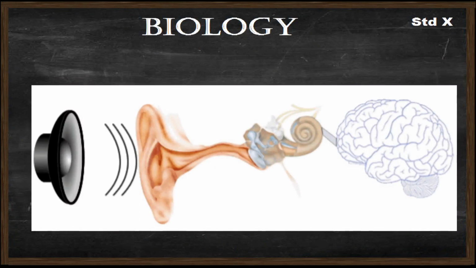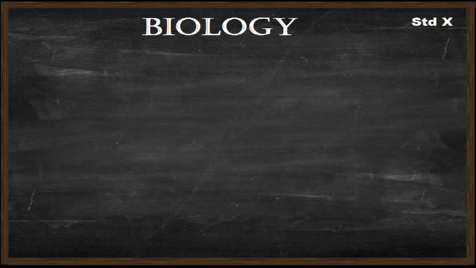As we have discussed earlier, the cochlea contains three chambers, in which the middle chamber has specialized cells in a special part called the organ of Corti. The cells in the organ of Corti get stimulated by the vibration and thereby stimulate the nerve which is connected to the cochlea. Which is that nerve? Yes, the auditory nerve. From the auditory nerve, the impulses are carried to the auditory centers of our brain, that is in the cerebrum.